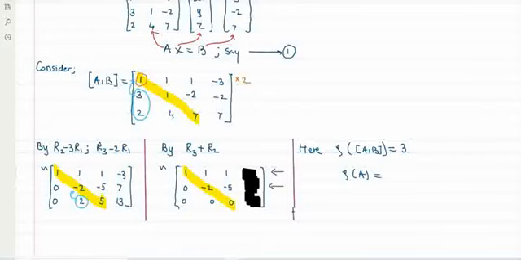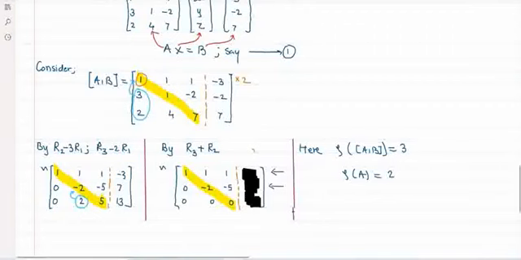So the rank of A is 2. That is why I'm using it here; whether you use it or not is left to you. Now I will allow that last column.